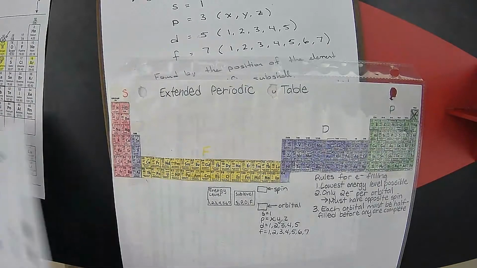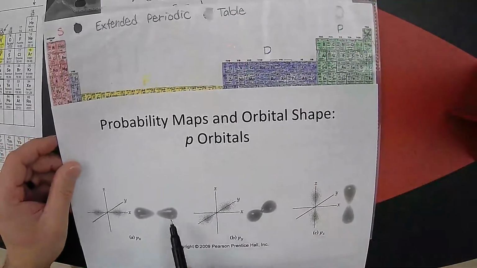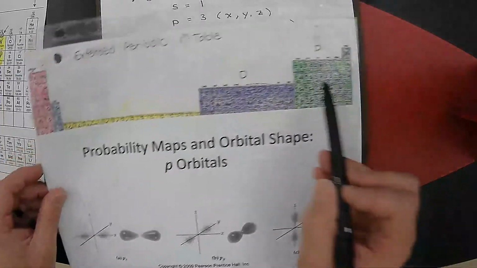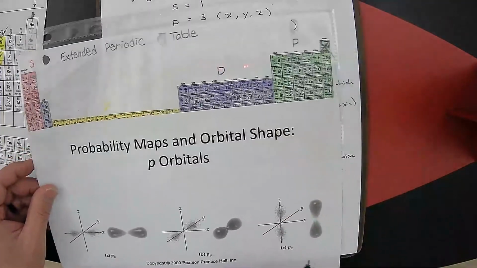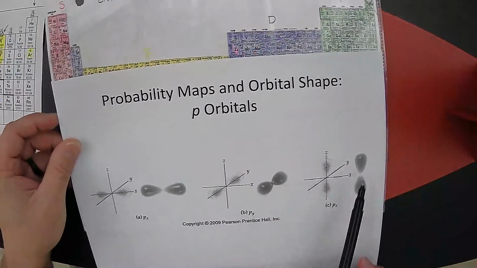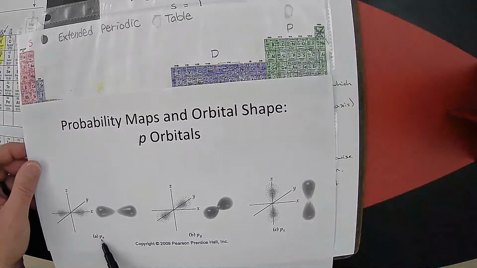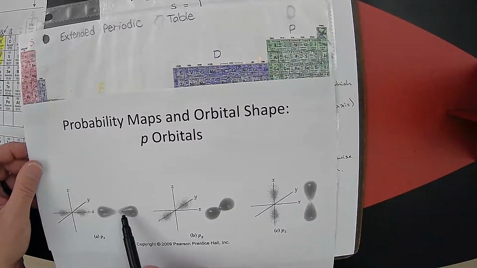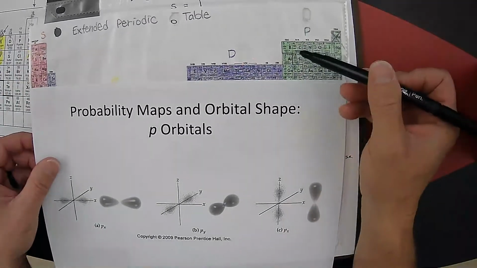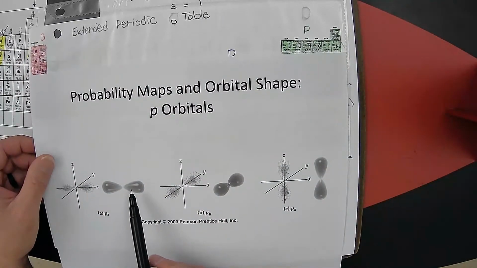But it does matter when we get to the P's for the half filled, because there are 3 orbitals going across the P. The rule states that each orbital must be half full. So when I put this first electron into the px orbital and it's flying around, the next electron here does not go into that same orbital.